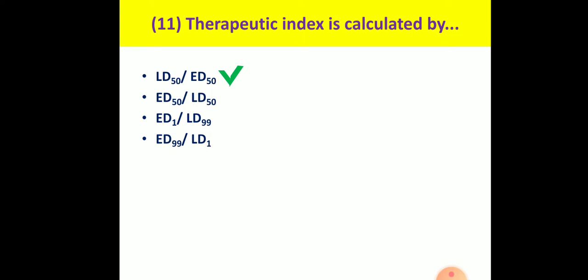So obviously it should be higher. And ED50, that is denominator, the amount of the drug that is required to be effective in the 50% of the test population. Obviously it should be very less. Okay, and that's why if the ED50 is very less and LD50 is very high, then the drug is considered to be safe. That's why always in the numerator the LD50 will be there and in the denominator ED50 is there.